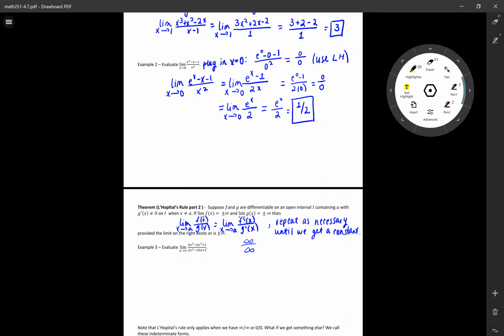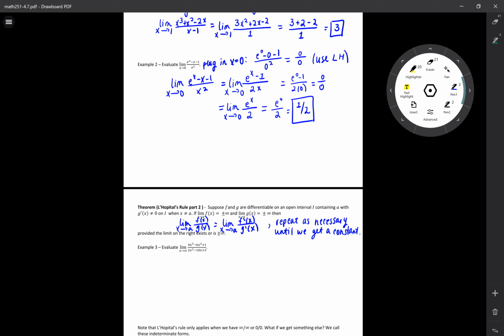This could equal a constant, this could equal 0, this could equal infinity. So that's why I have to take derivatives again and again until I either get a constant or infinity over a constant, which is infinity. But the form infinity over infinity does not tell us anything about the limit.